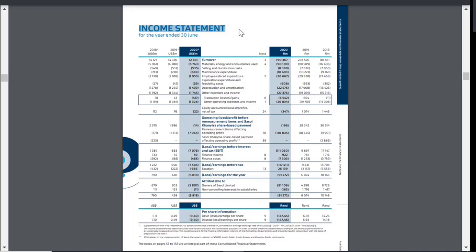Did the company make a profit or a loss? So income and expenses will be recorded in your statement of financial performance, which is the income statement.